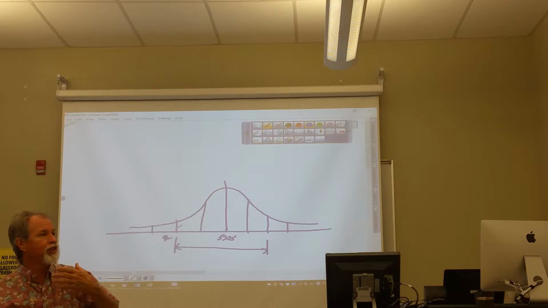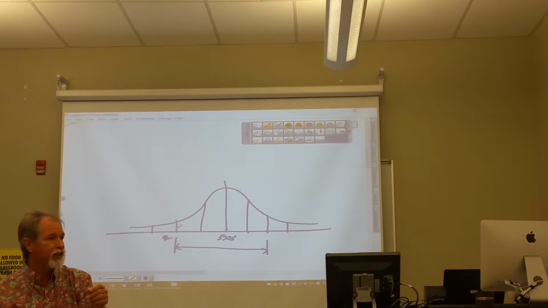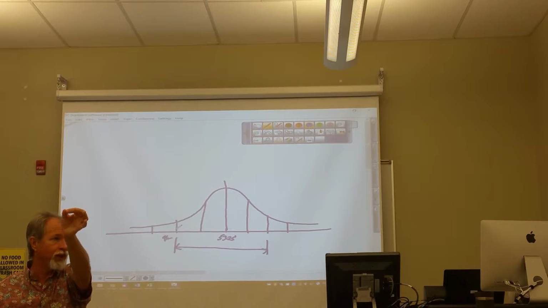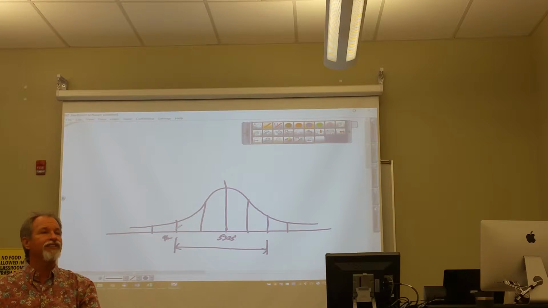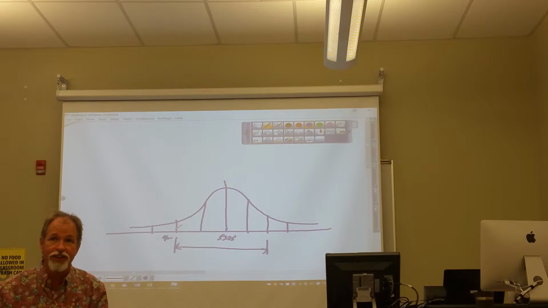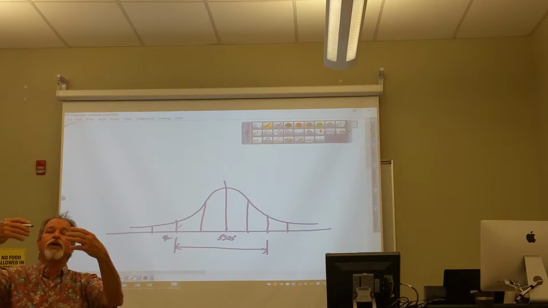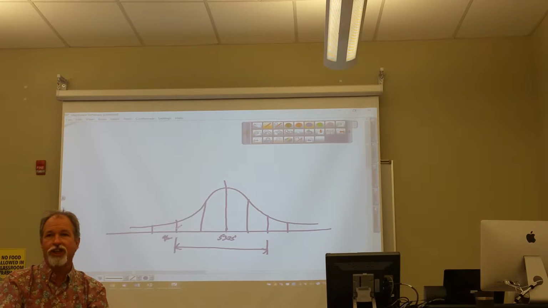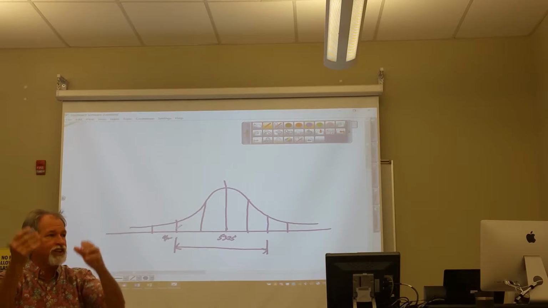But what we do is we talk about point estimates. What's a point estimate? That's an exact point, right? So if I was to estimate, I'll pick on Jonathan this time, I'm going to estimate Jonathan's weight is 178.